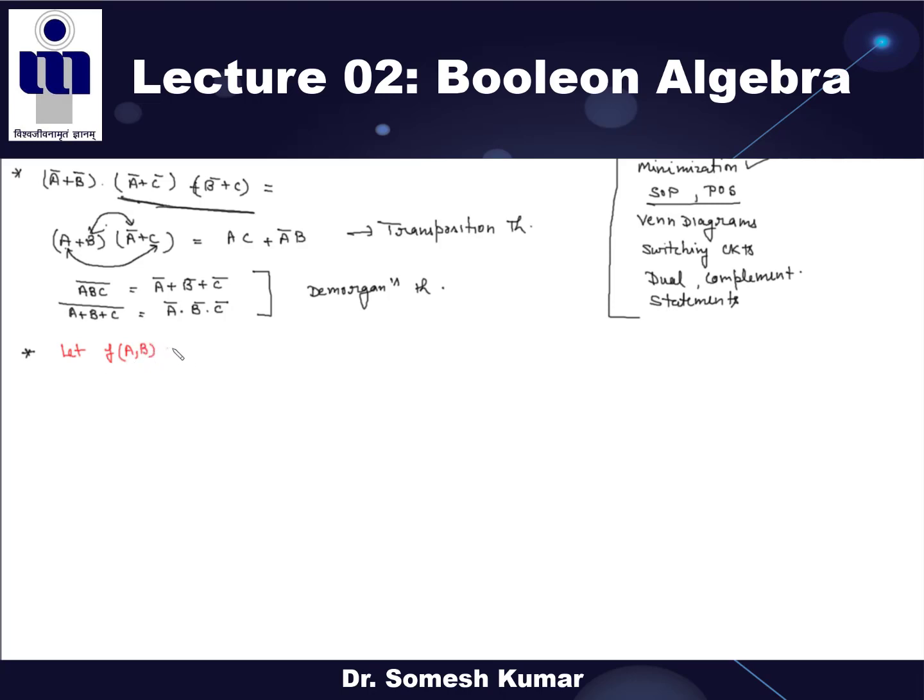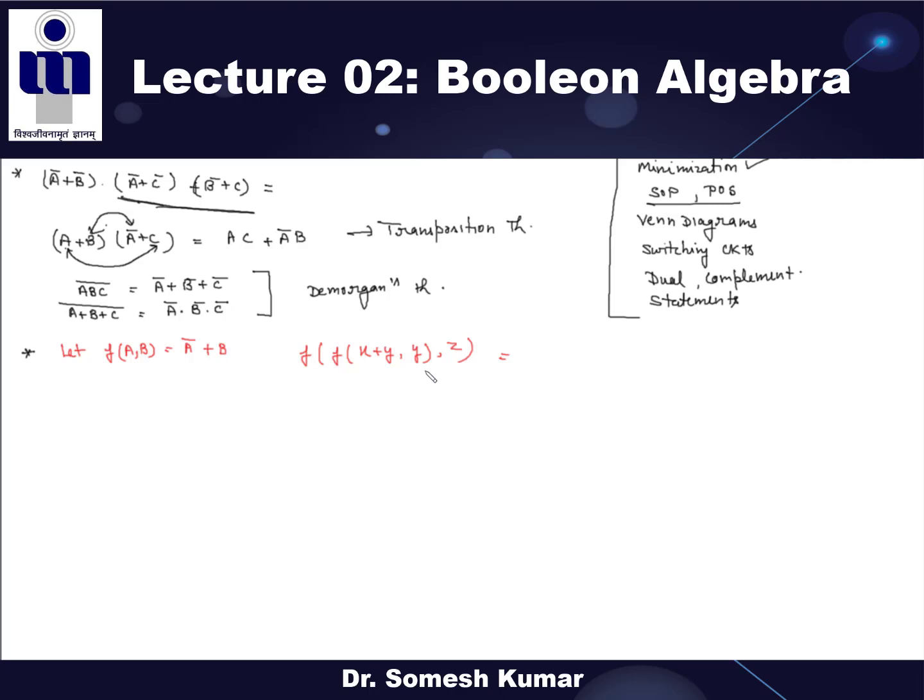So if the function f(a, b) is given like this, now what is the output of this function? f((x plus y)bar, y, z) is equal to what?